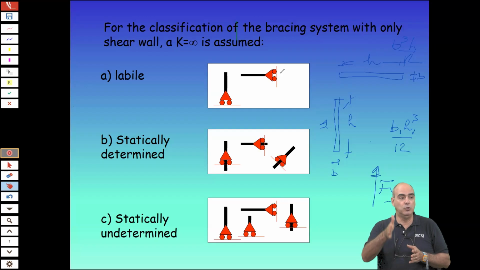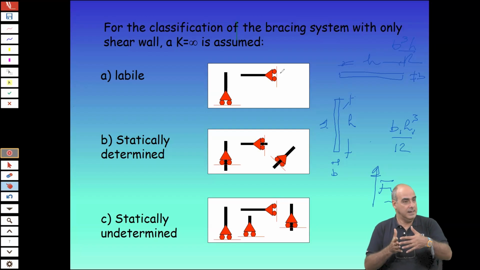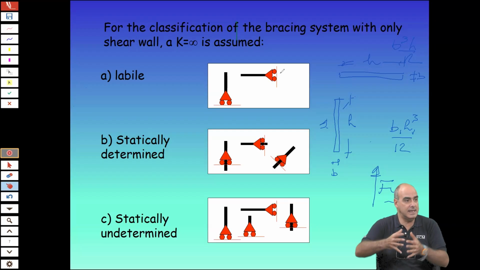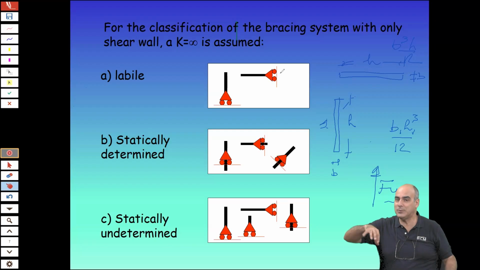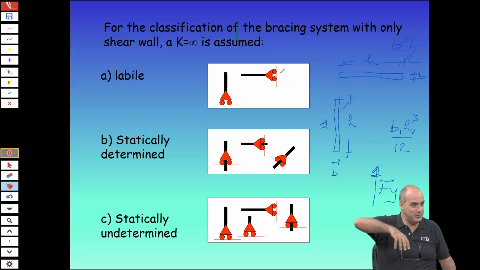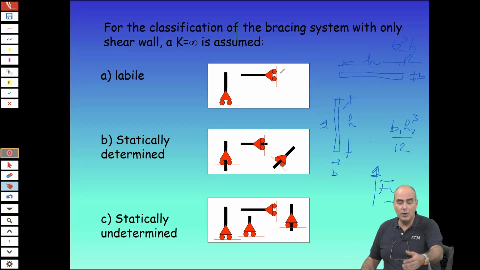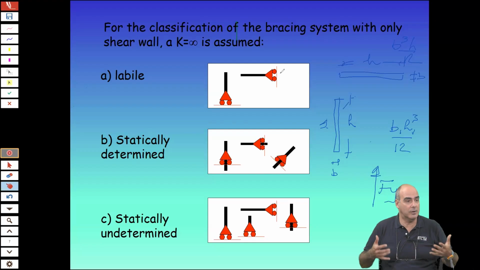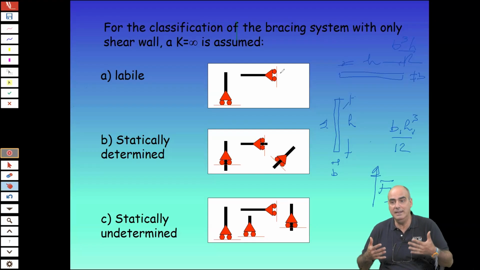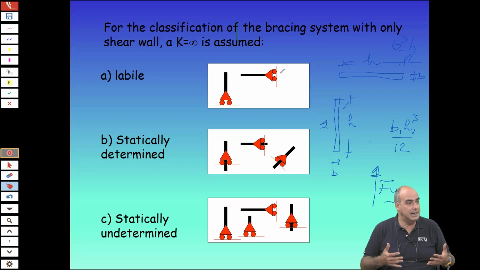So if you just put one wall in one direction and one wall in the other, your system in the end will be labile, we say, because it can still have some movement. You know, restraining also the torsional deformation is important. So you have to provide lateral load resisting elements in such a way that the system is statically indeterminate.